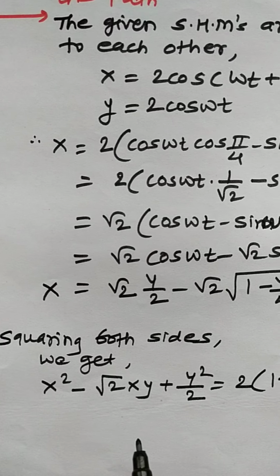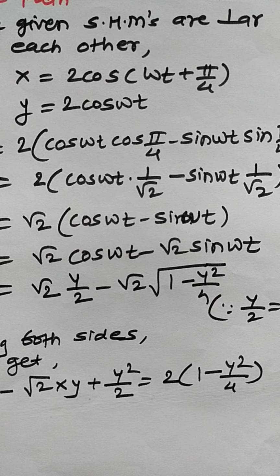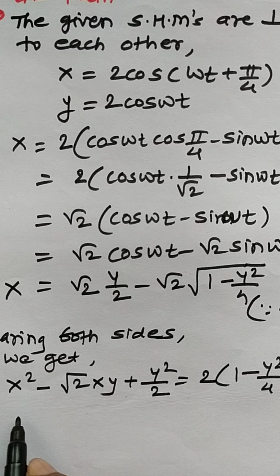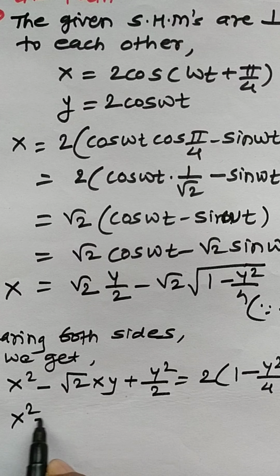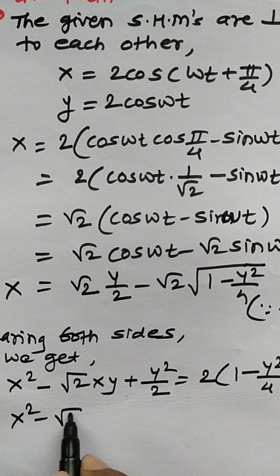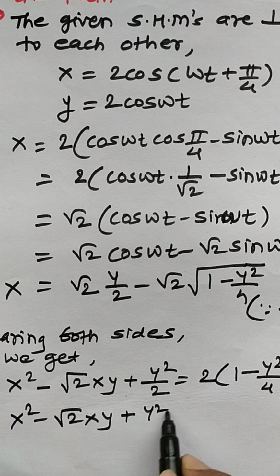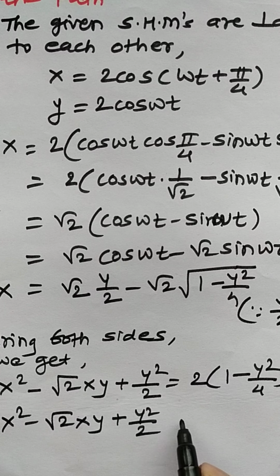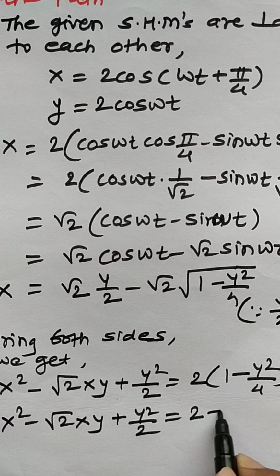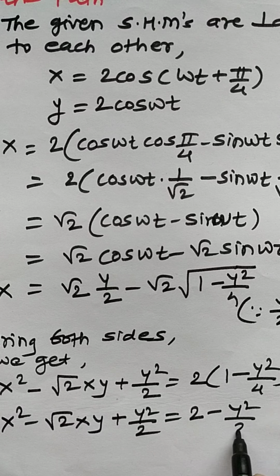So that is here x square minus root 2xy plus y square upon 2 is equal to 2 minus y square upon 2.